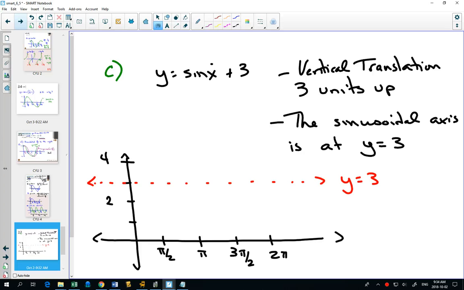And this is where the language that I've been using all the way through becomes really important. Where does a sine graph start? In the middle, going up. Where's our middle now? There. Our sinusoidal axis is our middle. And if we're going up, we'll go middle, maximum, middle, minimum, middle.